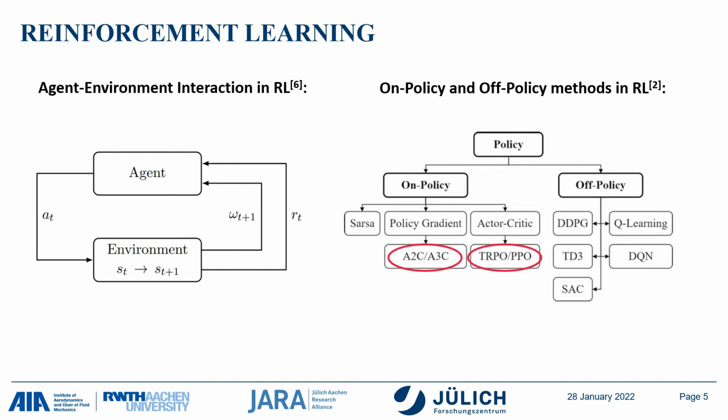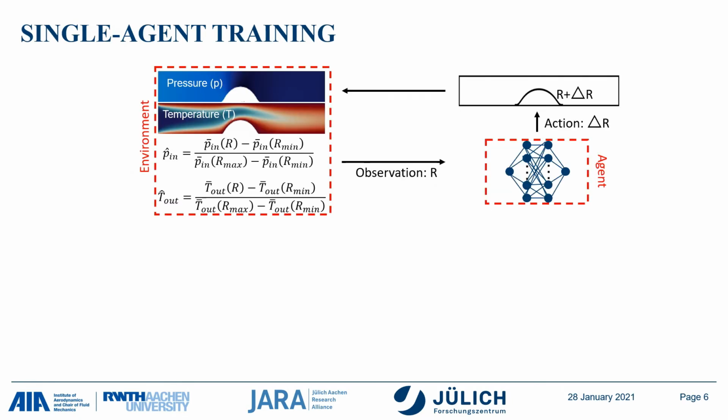As explained in the previous slide, the single-agent training for our application is depicted. The computational domain, with the two main functionalities of the simplified nasal cavity, forms the environment. The normalized pressure and temperature from the CFD simulations and the bump radius are given as observations to the agent. The agent performs an action by changing the bump radius and sends this action back to the environment, where the CFD simulations are run again with the new radius.